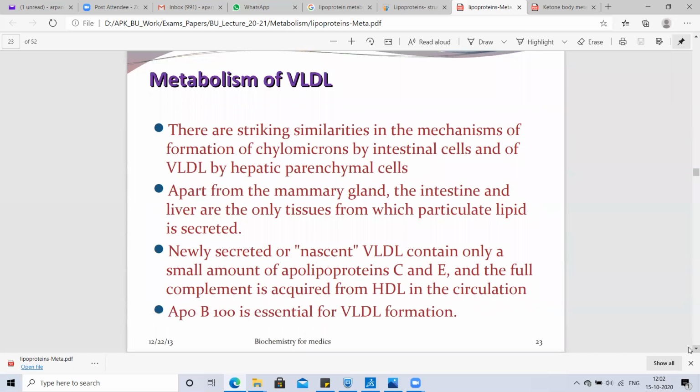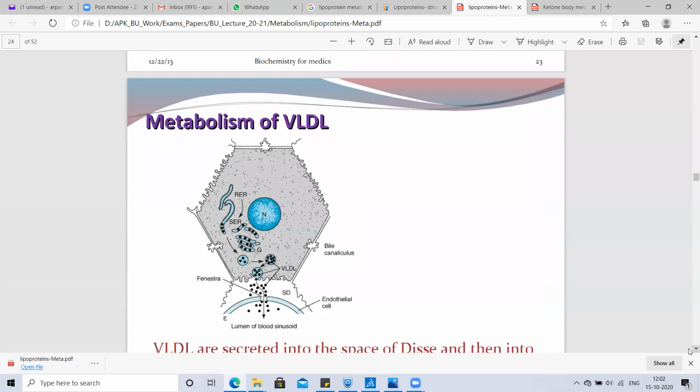Okay, similarly, I'm going to tell you how VLDL gets metabolized inside the body.